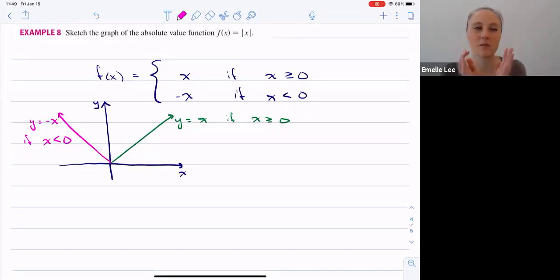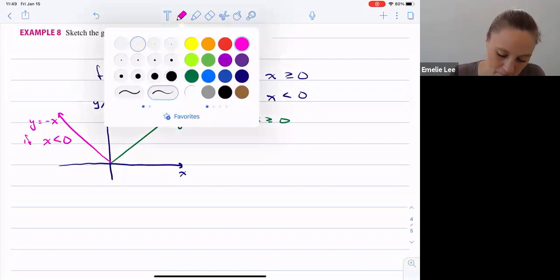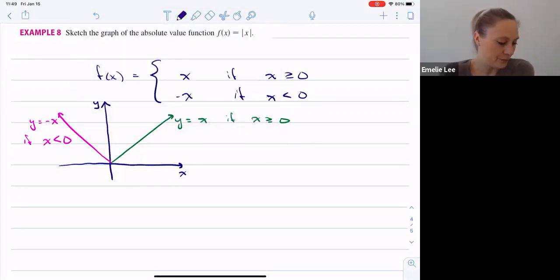Right? So we make this V graph. Okay. Good.